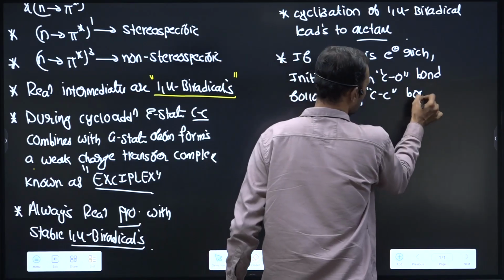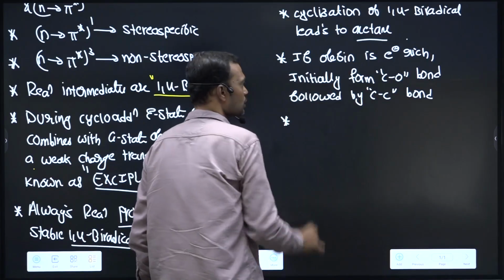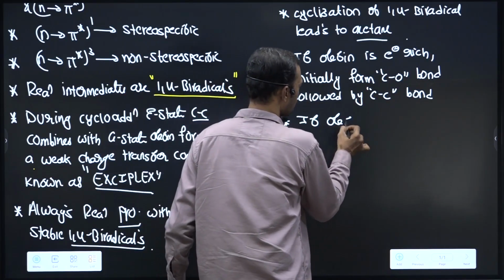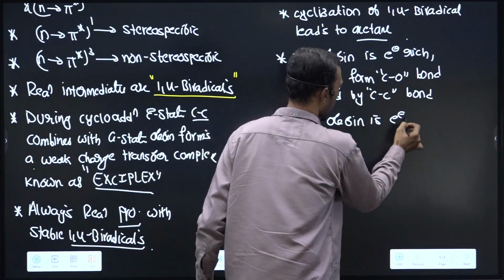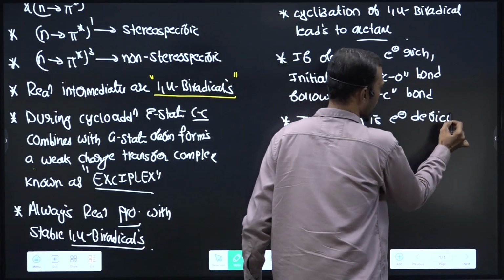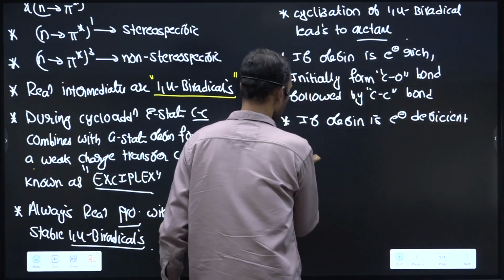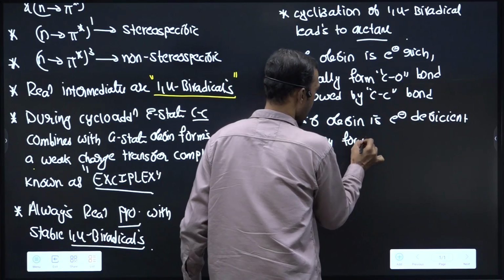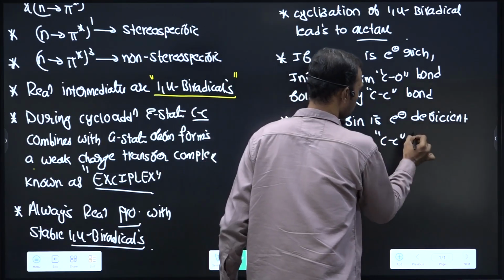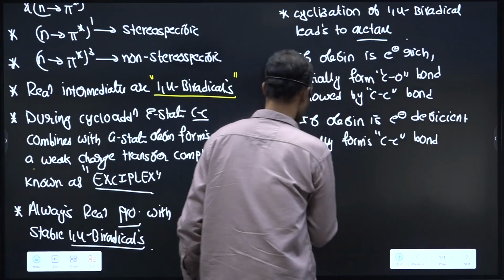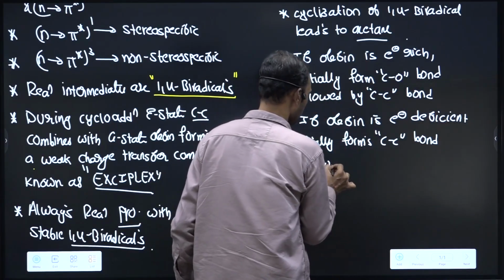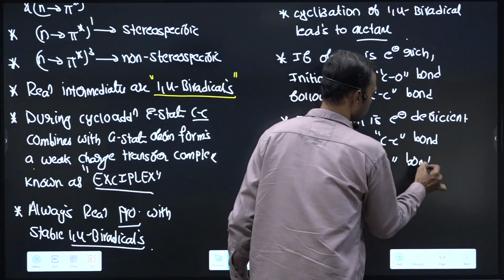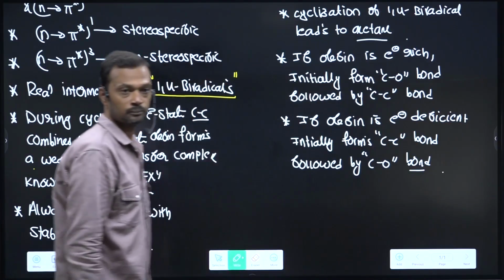So remember this point. If the olefin is electron rich, initially CO followed by CC. If the olefin is electron deficient, initially the CC bond forms, followed by the CO bond.